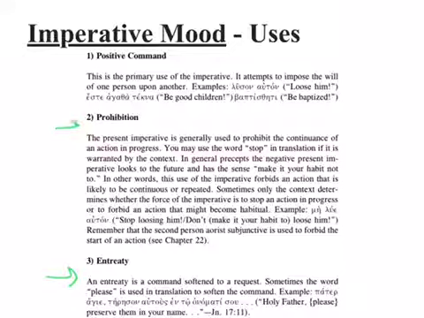And then we have number 2, which is the prohibition. And this is basically going to be like the subjunctive. I want to say there's a difference there, but I can't remember off the top of my head. The present imperative is generally used to prohibit the continuance of action in progress. That might be the main difference right there.